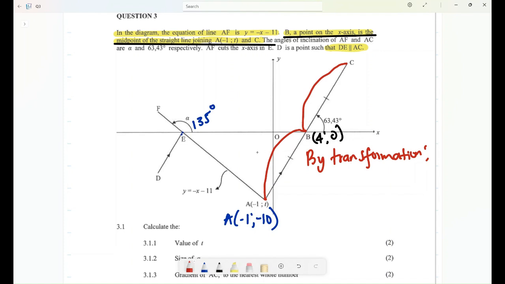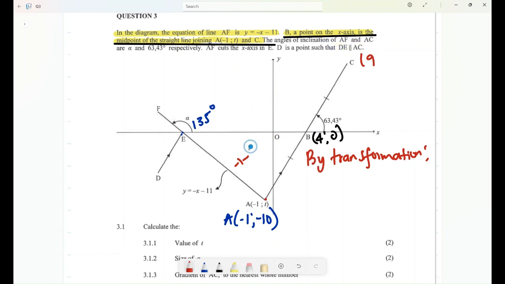The distance is 5. You can say 4 minus -1, which is 4 plus 1 basically. So it is 5 units. From -1 we added 5, and we reached 4. So this 4 we similarly add 5 to, and we get 9. So the x coordinate is 9.